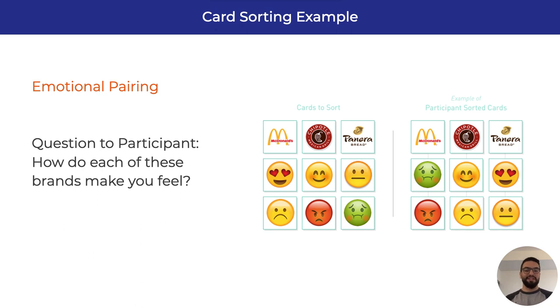Another note about the setup here is this activity pairs two sets of cards together. You'll need an emotions set of cards, depicted by the emoji form that you see in front of you, and a set of brand cards. So in this case, the brand cards are the McDonald's or the Chipotle or the Panera. Logos should be more than enough.